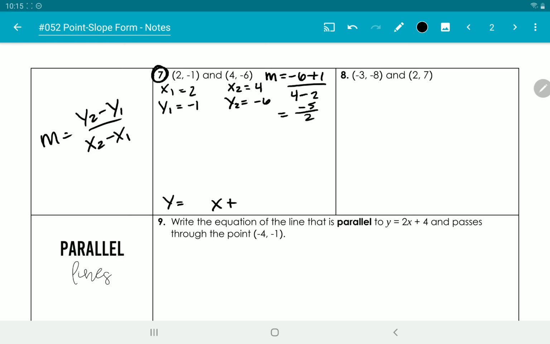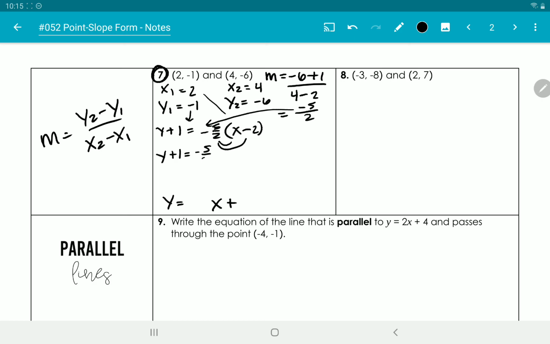So -5/2. So we have y minus y1, which is -1, so we're going to change that to a +1, equals the slope -5/2 times x minus x1, which is a +2. We'll go ahead and distribute this -5/2.